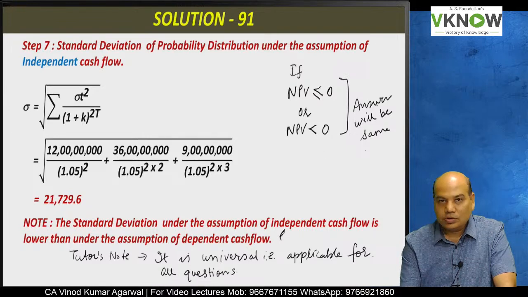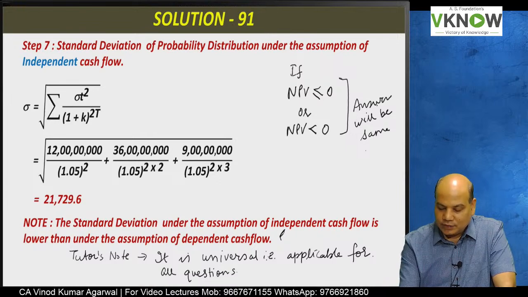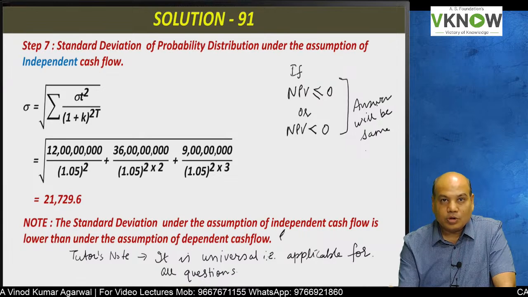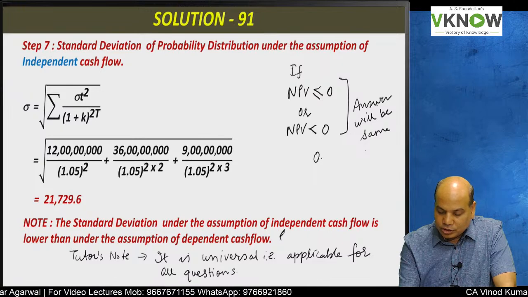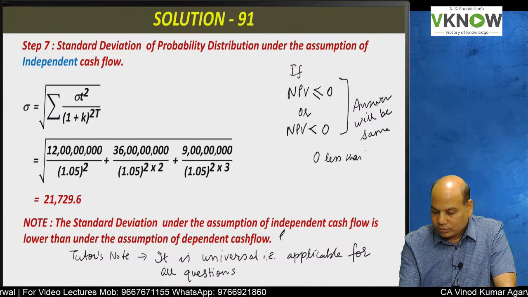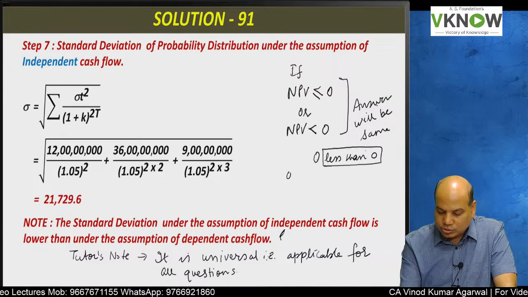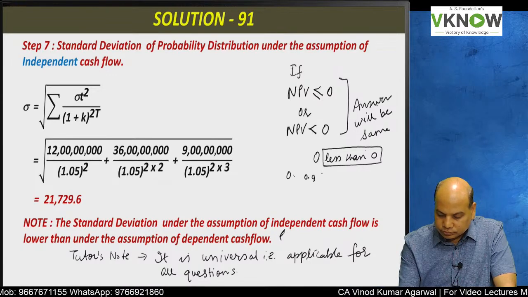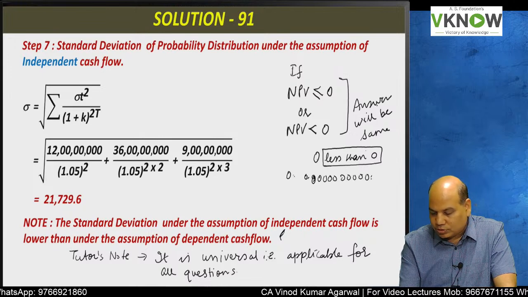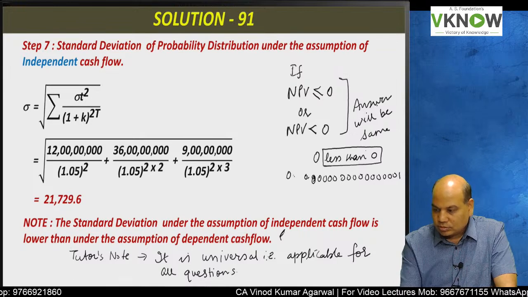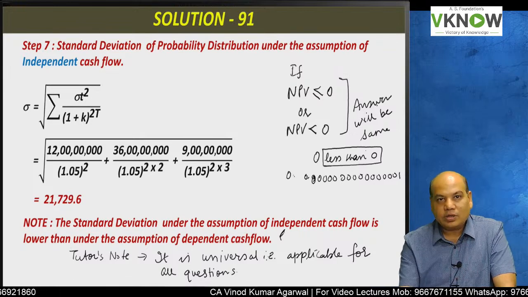What is the difference? The difference is very small. A number 0 and a number less than 0, the difference between these two numbers is very small. I will show you. Suppose this is 0, the next number can be 0.0000000000000000001, because next number can be anything.